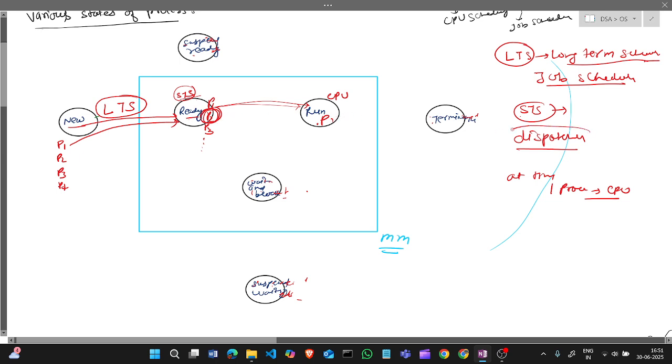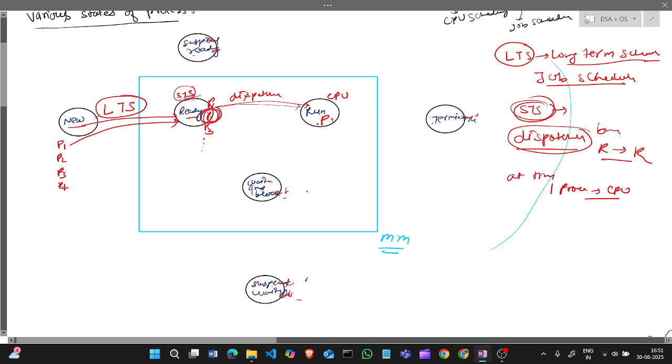So the dispatcher brings the process chosen by the short term scheduler from the ready state to the run state. So the dispatcher works here. The long term scheduler brings processes from the new state to the ready state. Now there are several processes in the ready state. The short term scheduler chooses which process is going to take the CPU, and the dispatcher brings this process to the CPU.